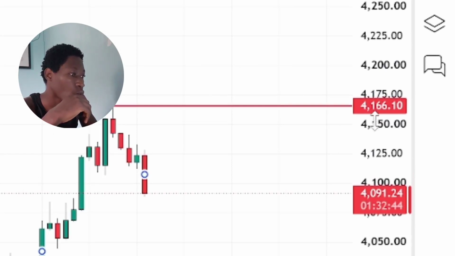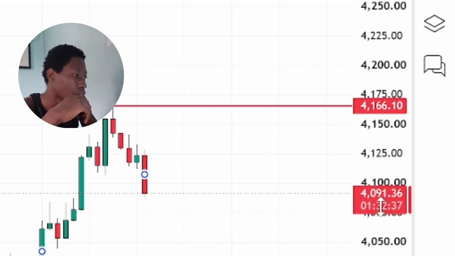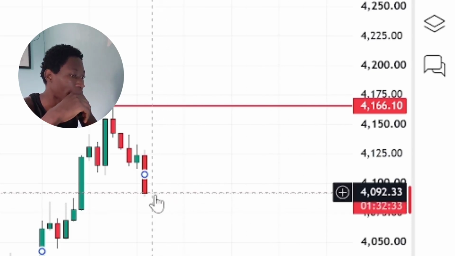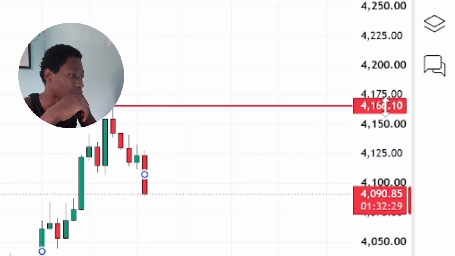This was the cost of gold, right? But right now, it has dropped to $4,091. So people that will start buying here and allow the market to ride up to this point and sell for $4,166 will make money.